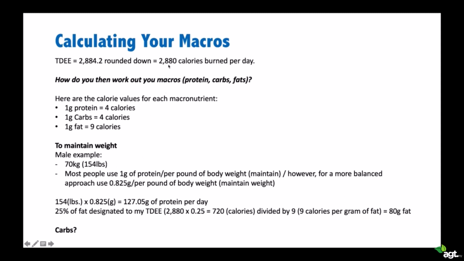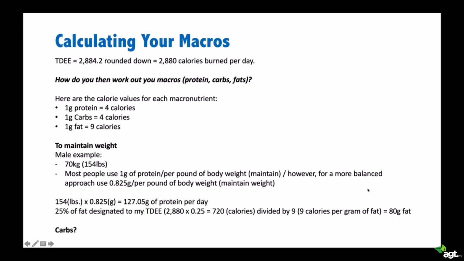His TDEE, his total daily energy expenditure, is 2,888 calories. So following a simple rule a lot of people use online, which is per pound of body weight, you must have 1 gram of protein in order to maintain weight.